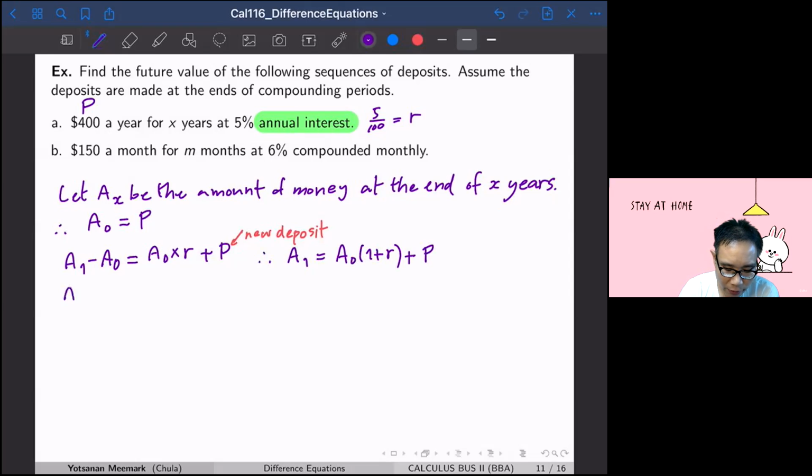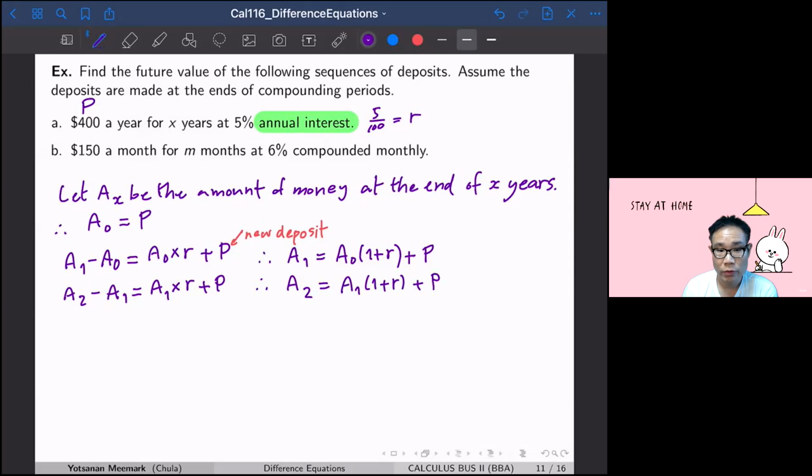The second year turned out to be the same, so the difference between the second year and the first year turned out to be A1 times R plus P. So in this case, you're going to have A2 equal to A1 times 1 plus R, plus P. Okay, so this will be your A2.